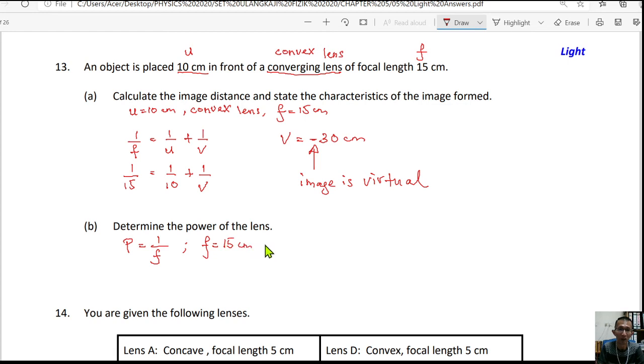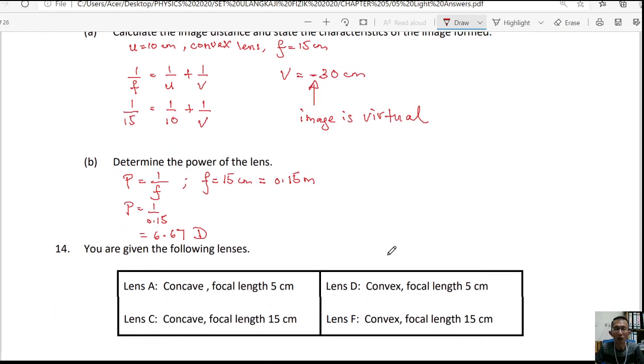Convert this to meter, you should get 0.15 meter, correct? So just plug in the values. P equals 1 over 0.15. Alright, so that will give you 6.67 diopter. Okay, follow.